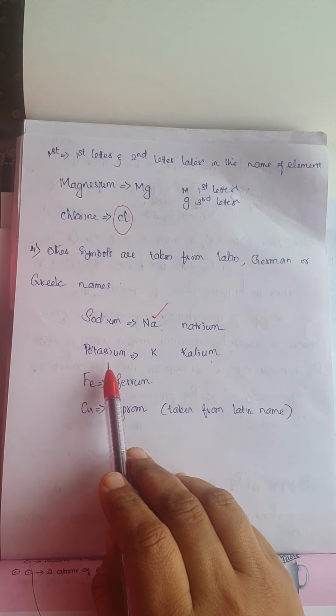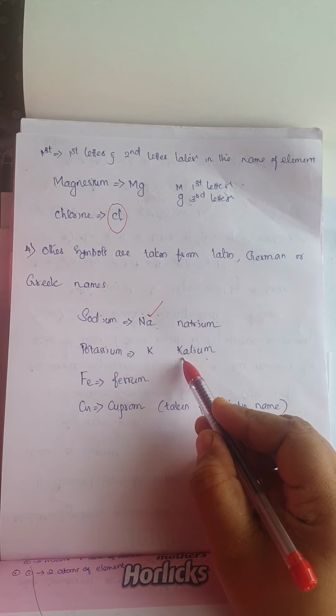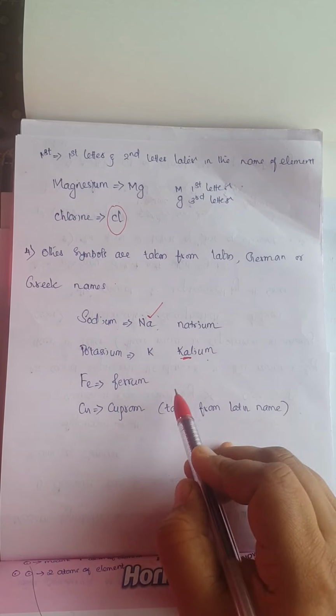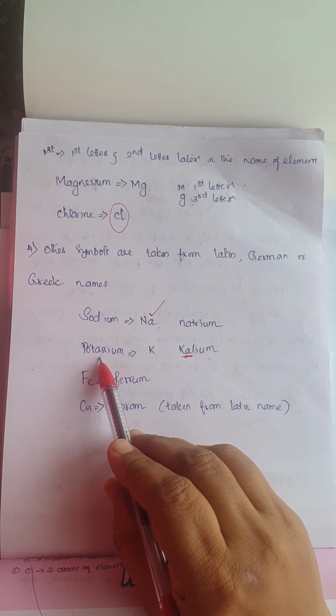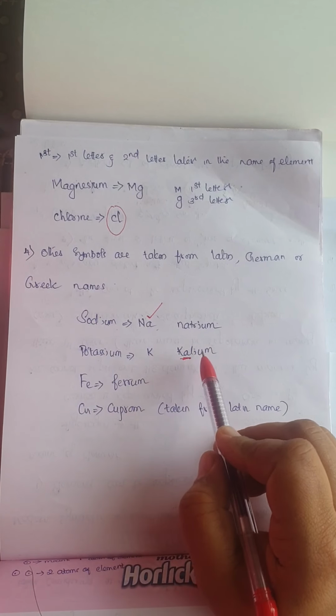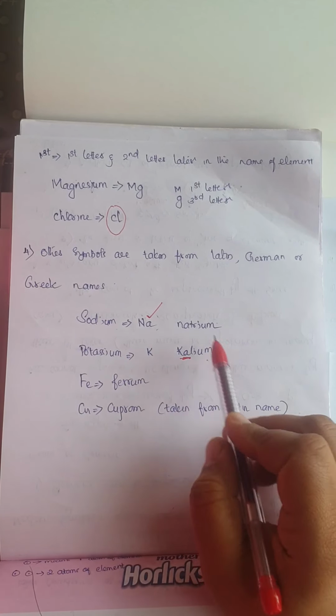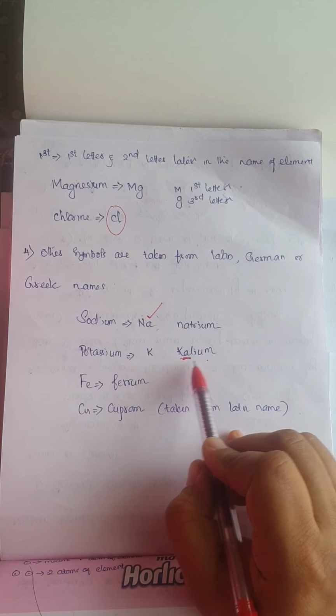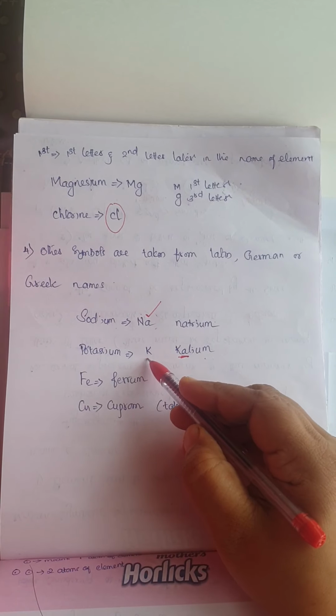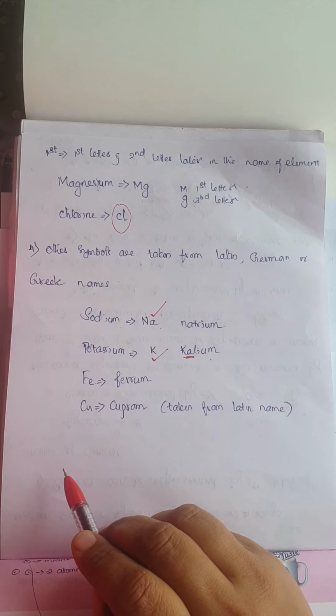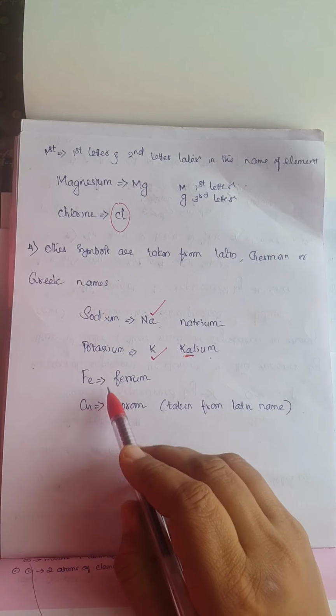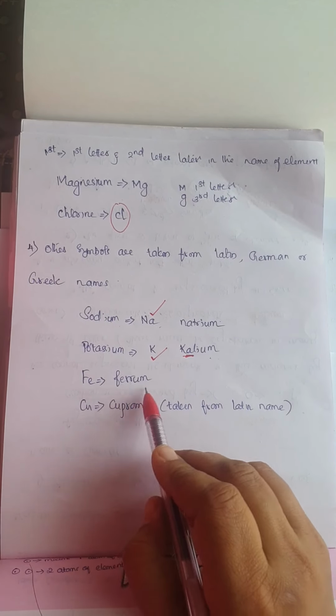In the case of potassium also, kalium is the name. Potassium is a Greek name, or I forgot. Its Latin name is kalium, and the symbol is K. Next is iron. Its actual name is ferrum.